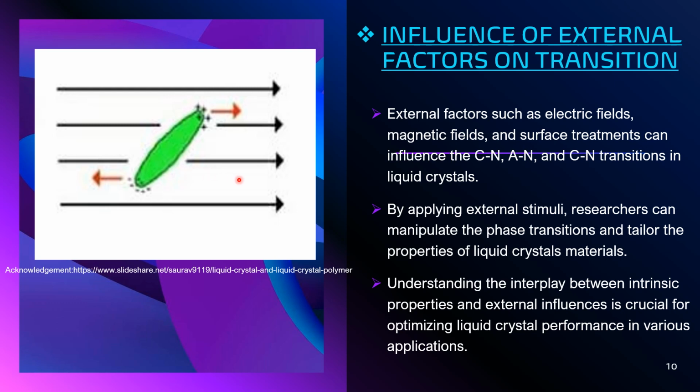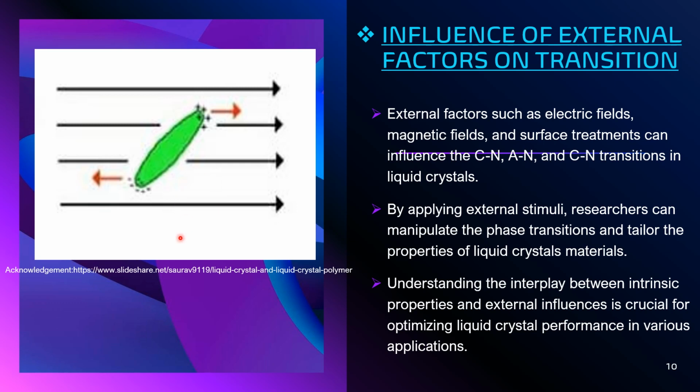Due to the effect of an electric field, a permanent electric dipole results which aligns the director along the electric field. The effect of a magnetic field is analogous to the electric field. And for surface preparation, it is possible to force the director to point in a specific direction by introducing an outside agent to the system.